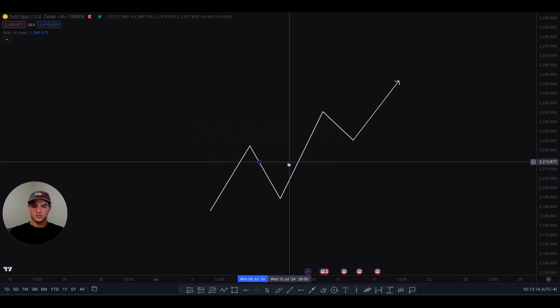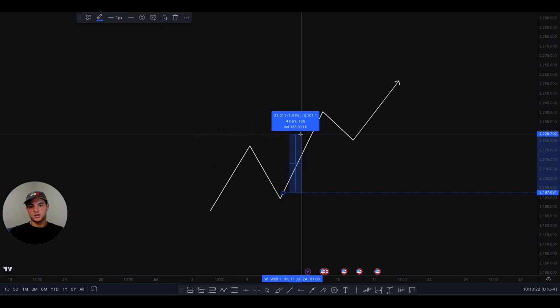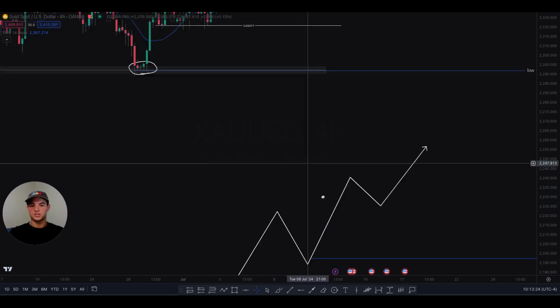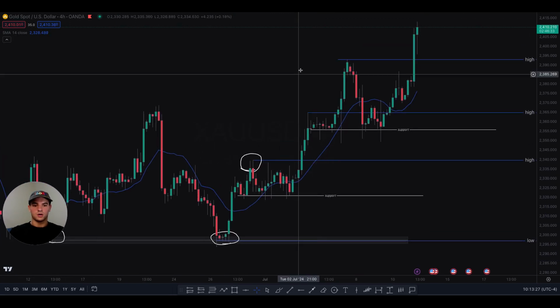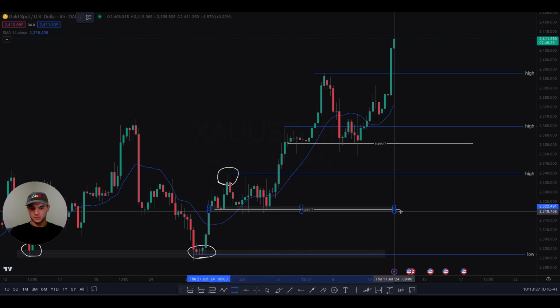You want your entry to be on the low right over here, and that's so when the trade happens, it can still push down, but your entry has a much bigger margin for you to be profitable, right? So you don't want your entry to be on the highs, you want your entry to be on the lows, right? So as you can see here also, we maintained a level of support.